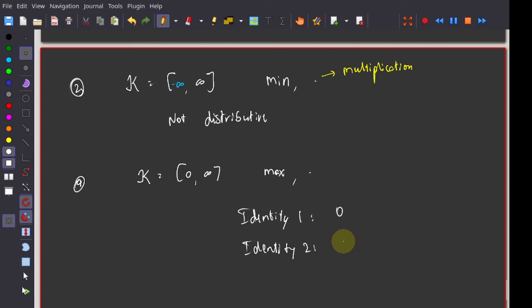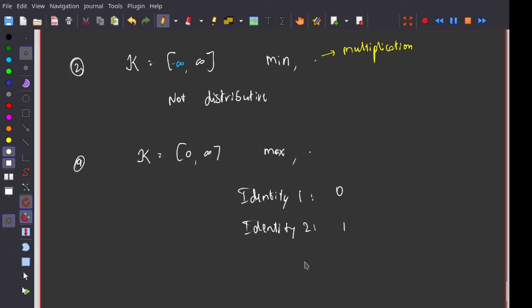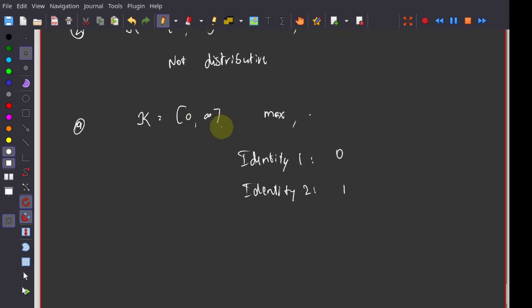Yeah. Is it distributive? Again, since we're only looking at non-negative numbers, max of AB comma AC is equal to A times max of B comma C. This is called the max product semiring.